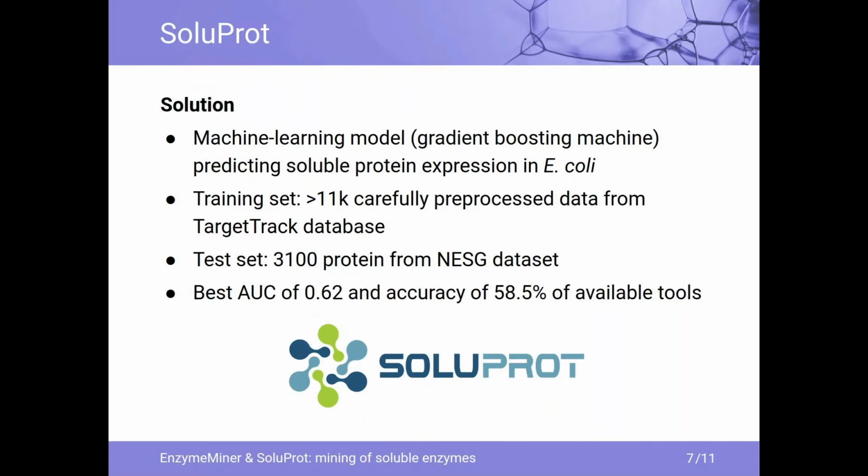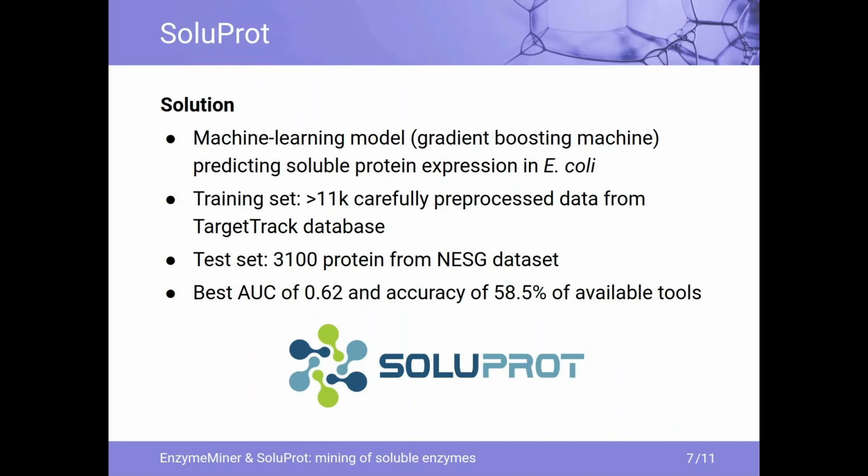The accuracy of the tool is not high, it's pretty low, but I will show later that it's still useful. SoluProt is the best of the available tools with an area under the ROC curve of 0.62 and accuracy of 58.5%.